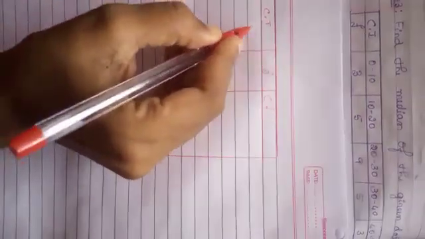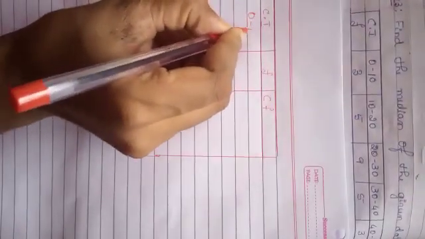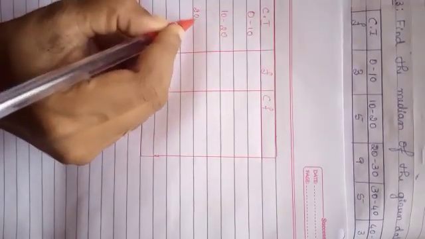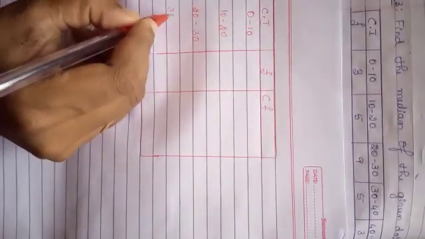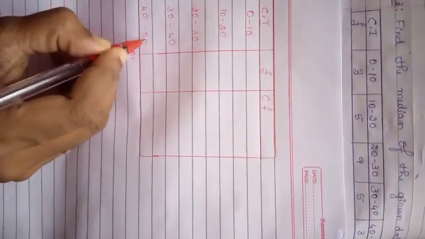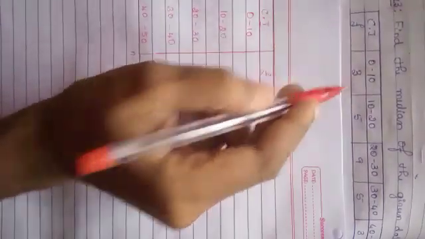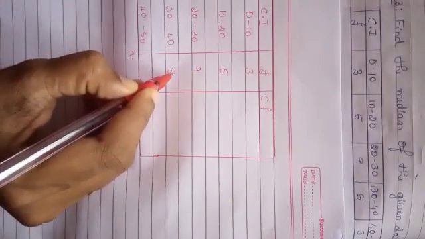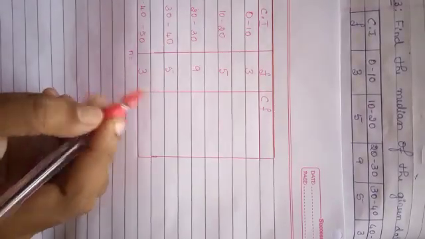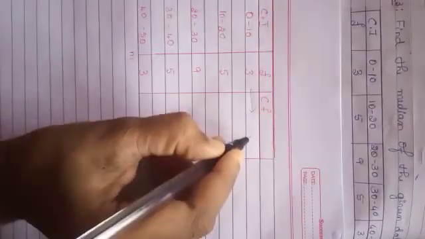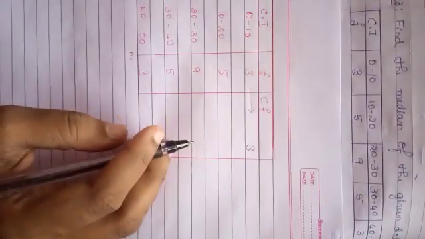Once again I will write: 0 to 10, 10 to 20, 20 to 30, 30 to 40, 40 to 50. Frequencies are 3, 5, 9, 5, 3. To find the cumulative frequency, the first number we write as it is, that is 3 only.